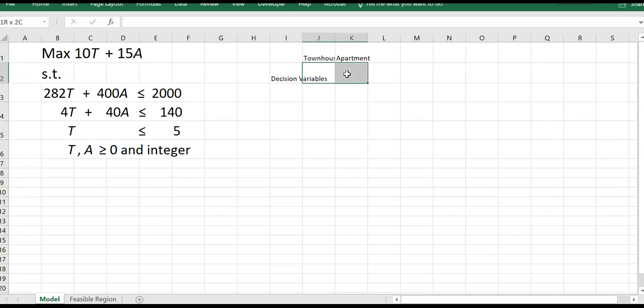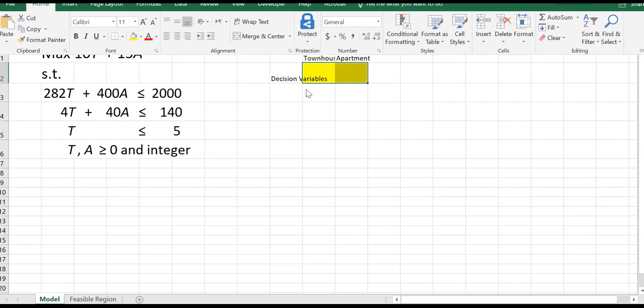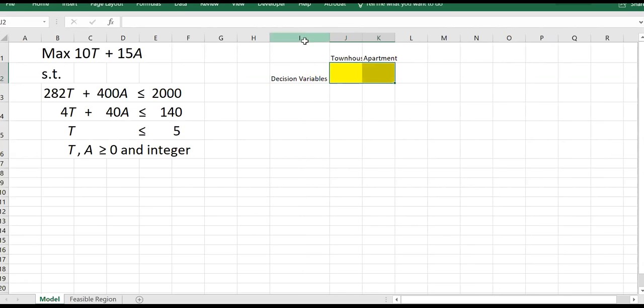So 2 decision variables. All right. And then objective function. It's going to be 10 times townhouse plus 15 times apartments.